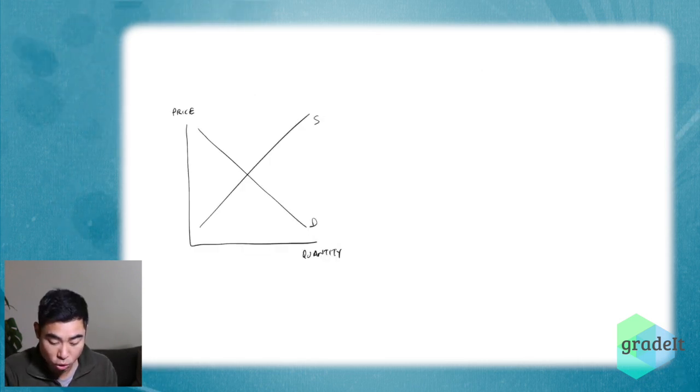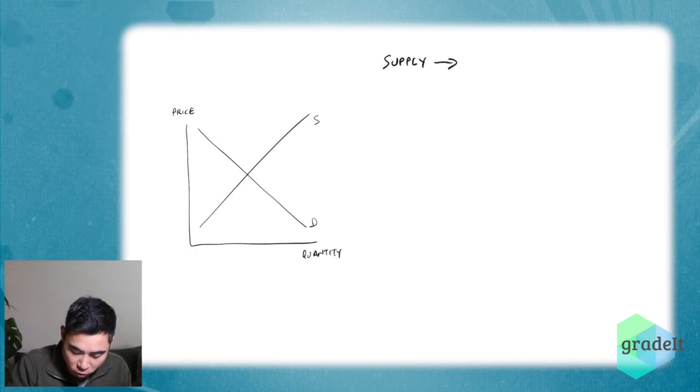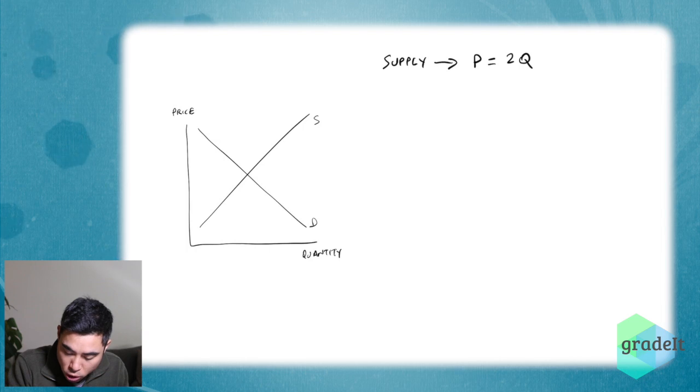Now, relating this to your demand and supply diagram, we can look at this in a more general form, but I'm going to give this a specific equation where instead of y, we have p for price. Because your supply curve is upward sloping, I'm going to say price is 2q.